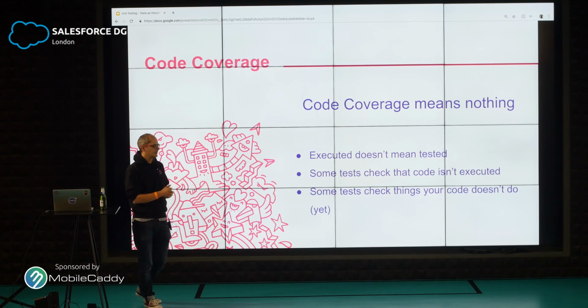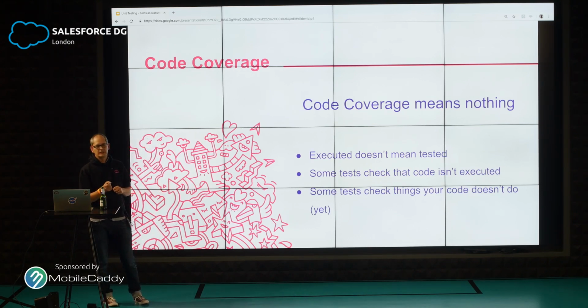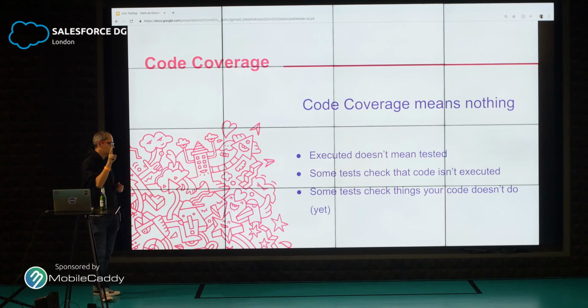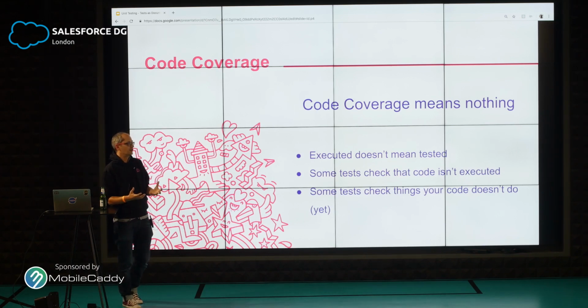We've seen the extreme example of that. But there are some tests that you will write in your lifetime that prove that code does not execute. The prime example of that, two prime examples really, are the if statement. The if statement exists in order to skip code if some condition exists.